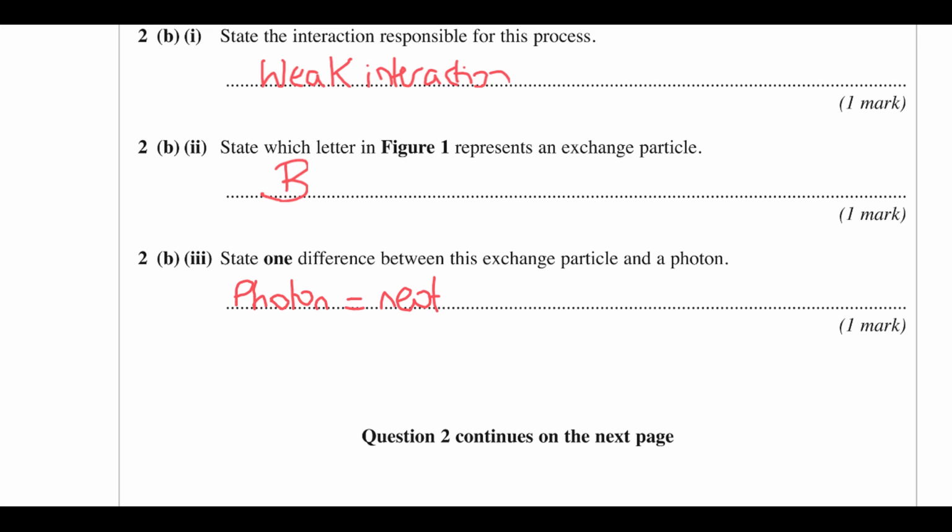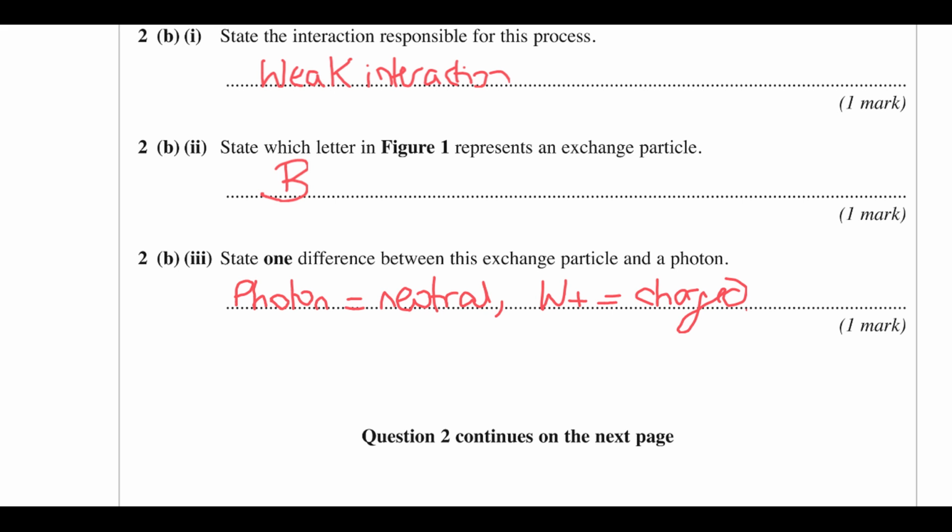And a W plus is charged, or more specifically, it's positively charged, but it's charged, and that would be the difference. You could also look at it in terms of mass. W bosons have mass, photons do not. Or you could talk about rest energy, all of those kind of things.